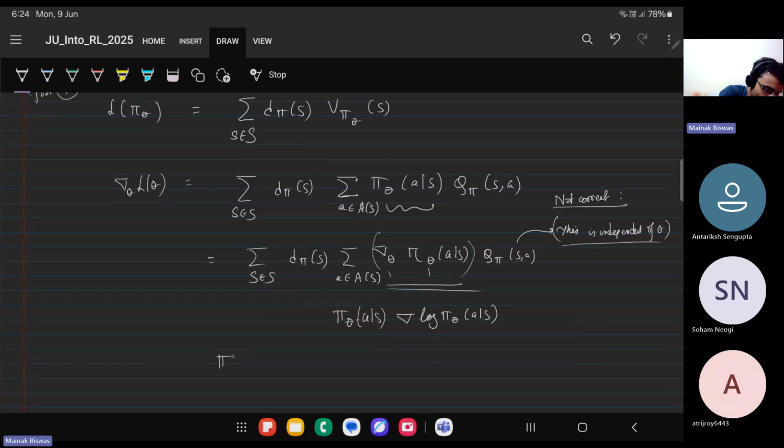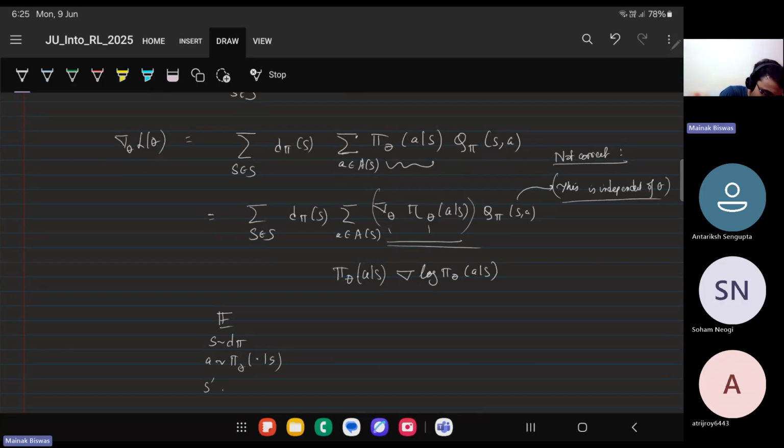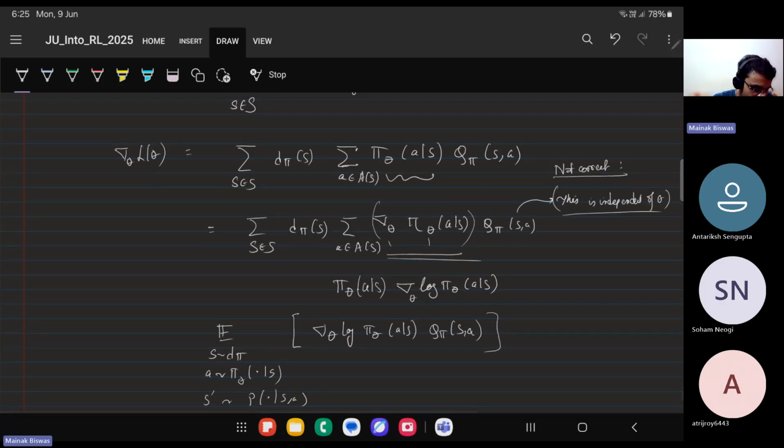Therefore, we have two expectations, over S in d pi, A in pi theta, and S dash, and this is log of pi theta of A given S. So this is what the Bellman equation and the policy gradient is.